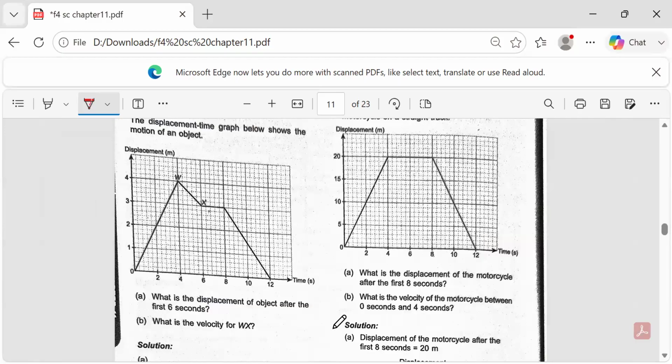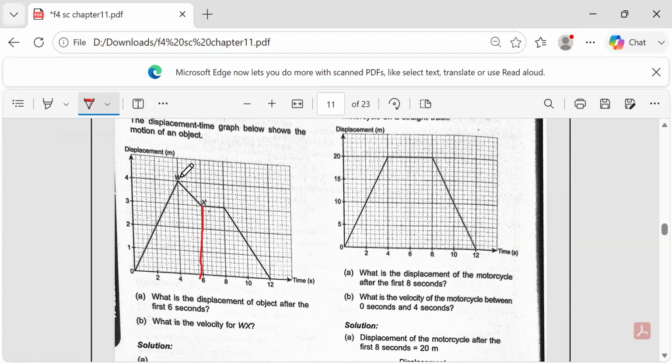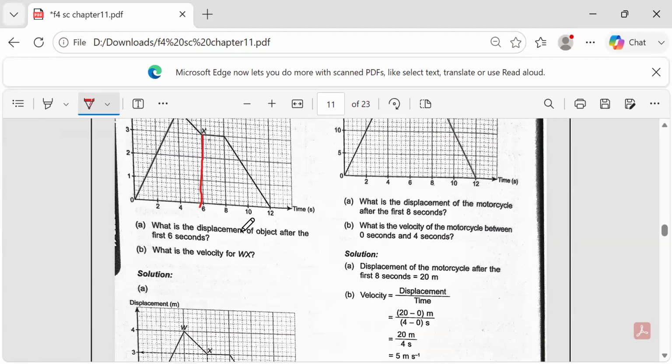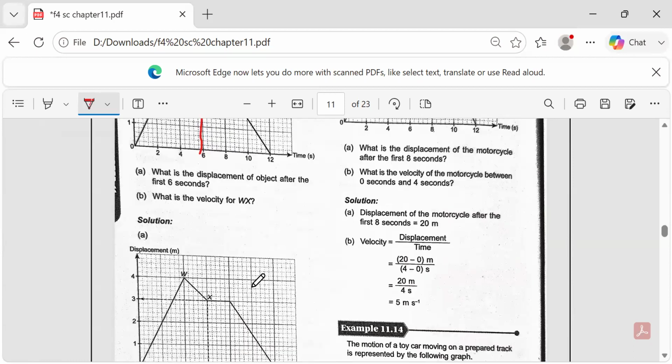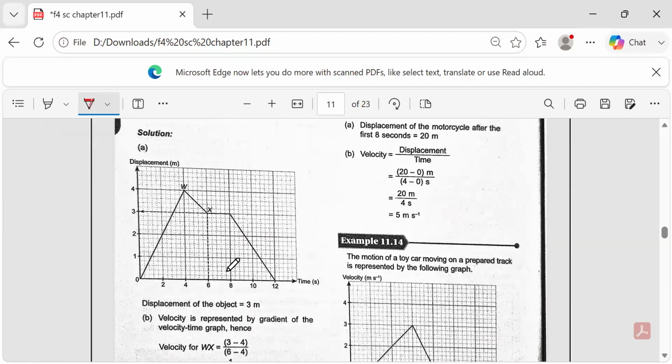What is the displacement of an object after the first 6 seconds? And what is the velocity for Wx? So, the first 6 seconds, it travels 4 and then it went back 1.